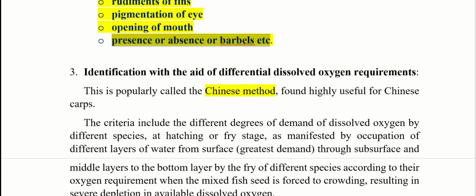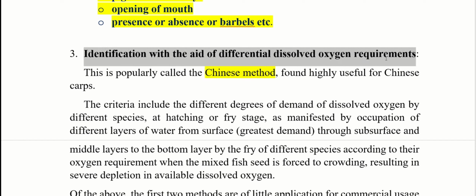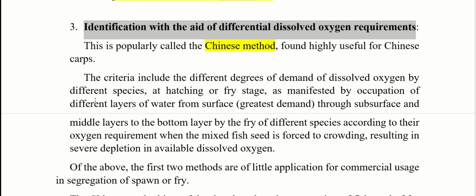Third method, called the Chinese method, is identification with the aid of differential dissolved oxygen requirement. This is popularly called the Chinese method and is found highly useful for Chinese carps.